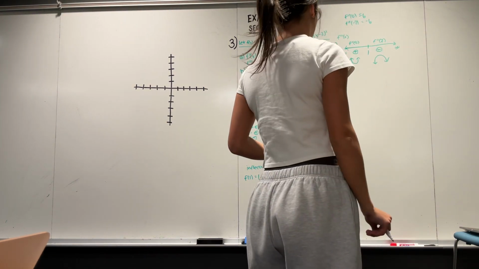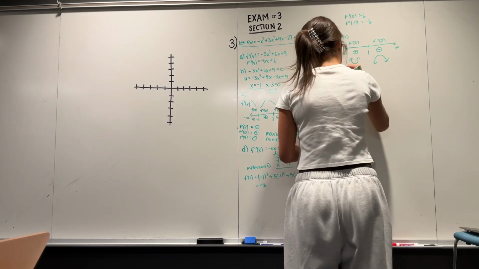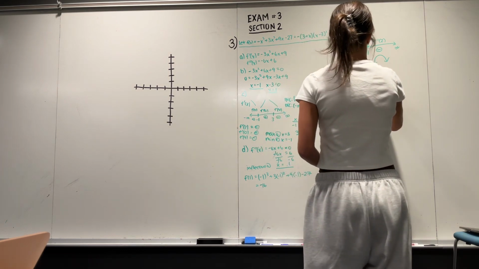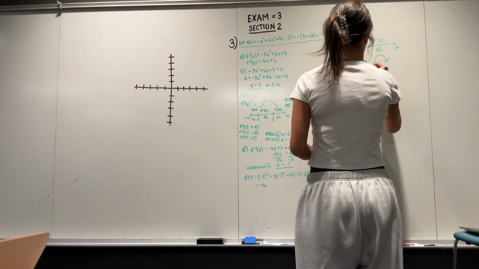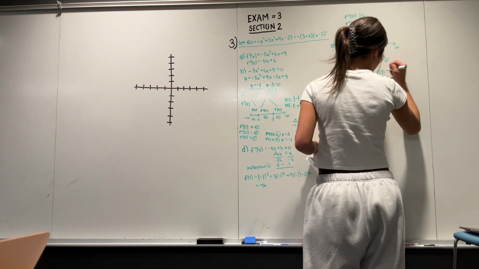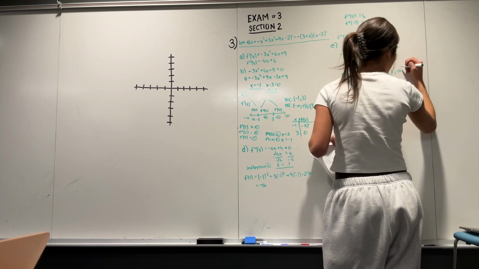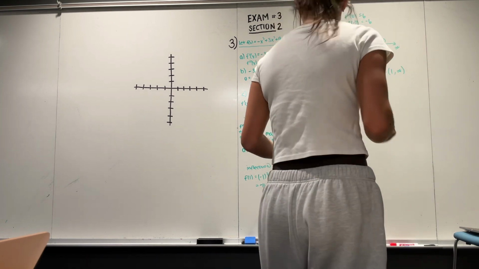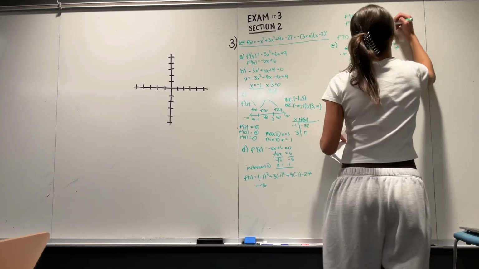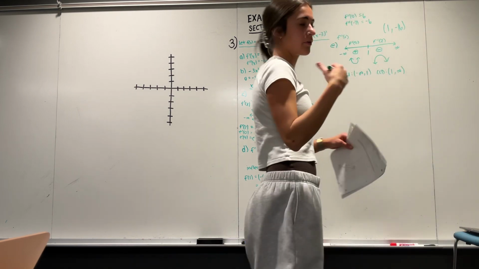So our intervals of concave up are going to be from negative infinity to 1, and concave down is going to be 1 to infinity. We also know from this calculation earlier that our inflection point on the graph is going to be at 1, negative 16. This is important to note for when we graph it.